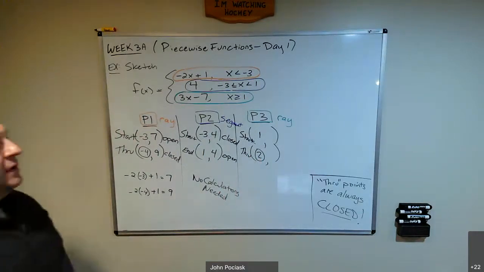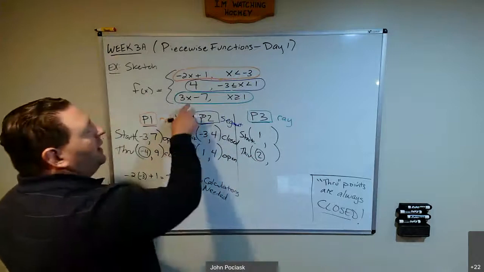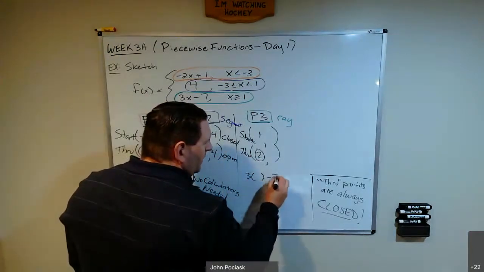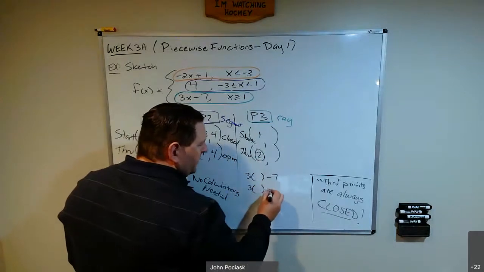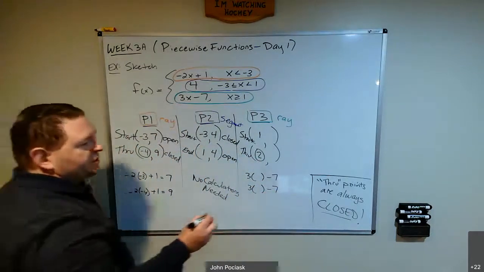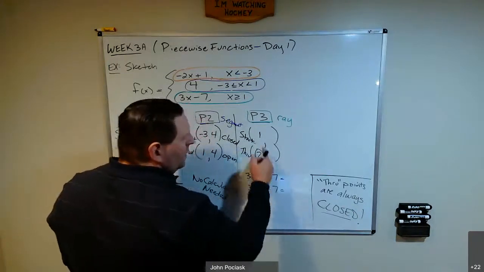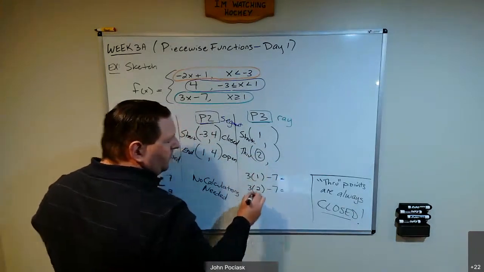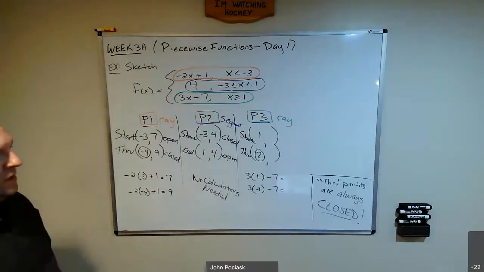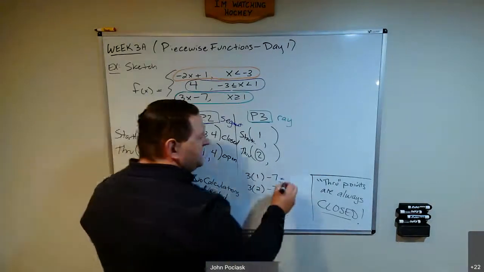And now I do my calculations for the output. I have to use 3x minus 7 for this. And I'm substituting in 1 and then 2. And so this one gives me 3 minus 7 is -4.